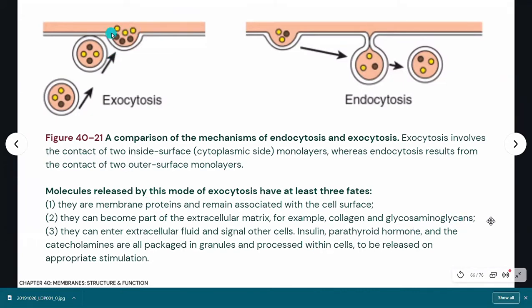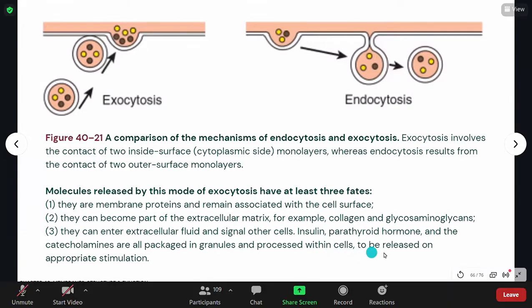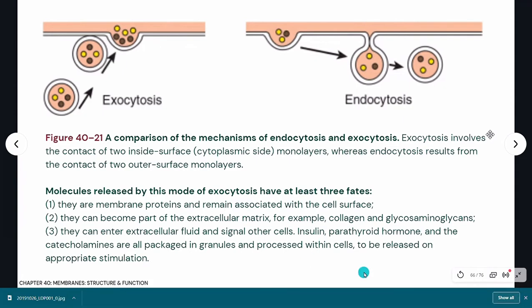They can enter extracellular fluid and signal other cells. Insulin, parathyroid hormone, and the catecholamines are all packaged in granules and processed within the cells to be released on appropriate stimulation.